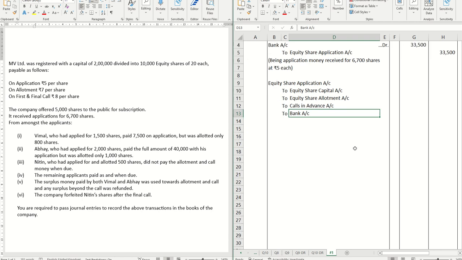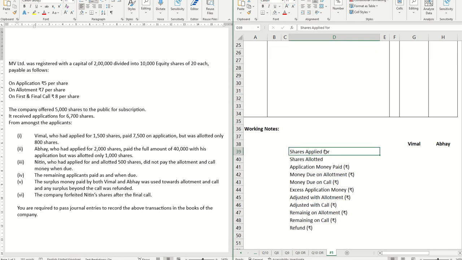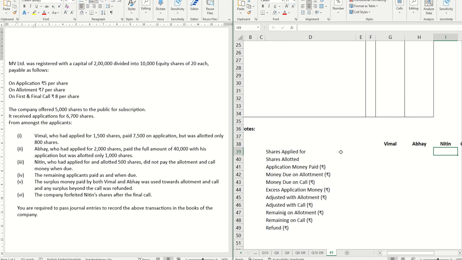Let's come to the working. Let's get a complete clarity on how things are. These are the important headers that help you to analyze and understand most of the scenarios that we have during issue of shares. Let's take Vimal's case first. Shares applied for, he applied for 1,500 shares, but shares allotted to him are 800.